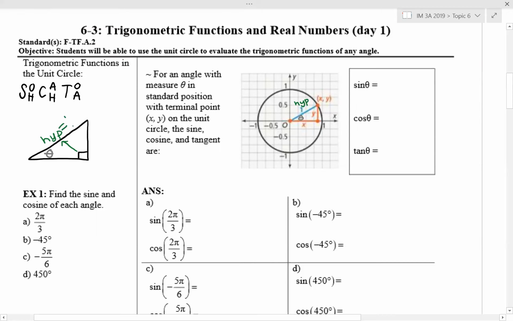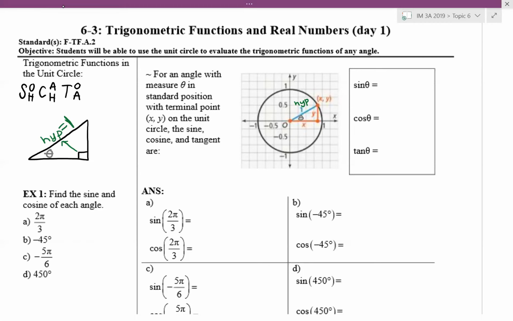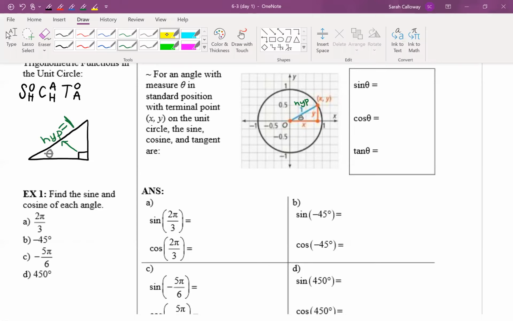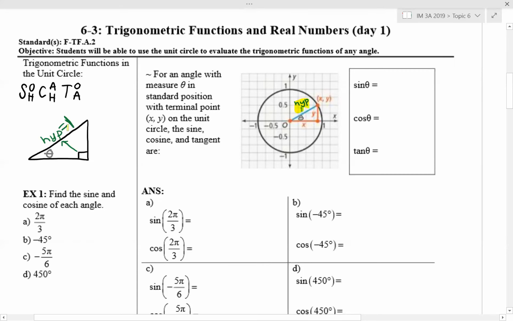So no matter what we're doing, the triangle, because of the radius of the circle, has a hypotenuse of 1. So that's going to make things easier for us within each of these problems. So I'm going to highlight that just so you know where it came from. So within the unit circle, we have a circle with a radius of 1 again. So that means the hypotenuse, no matter what, is 1.